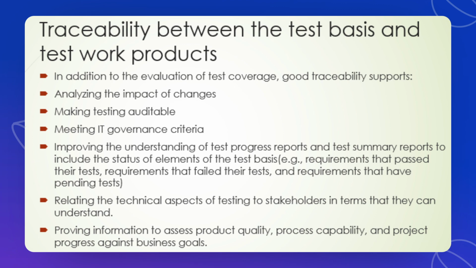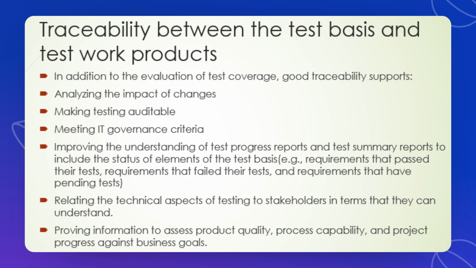Every meeting, we conduct daily stand-up meetings, everything is documented, so we can audit, we can improve. Process improvement is very important. Day by day we should improve, the team should improve, processes should be improved, meeting IT governance criteria.